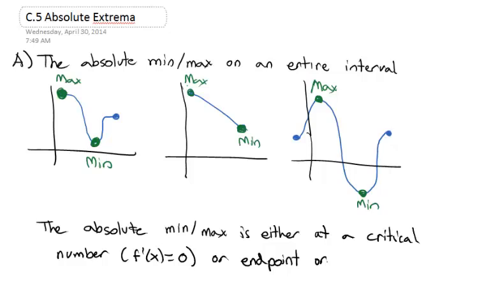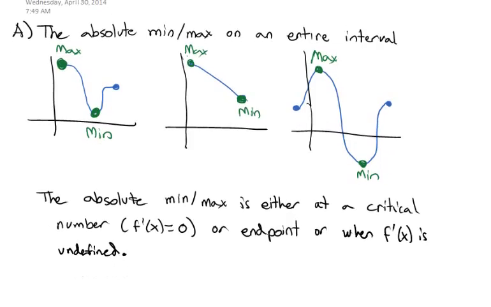Or there's one more possibility, and that's when f prime of x is undefined. Sometimes the entire function is defined, but the derivative is not defined. We'll look at an example of that in a little bit.